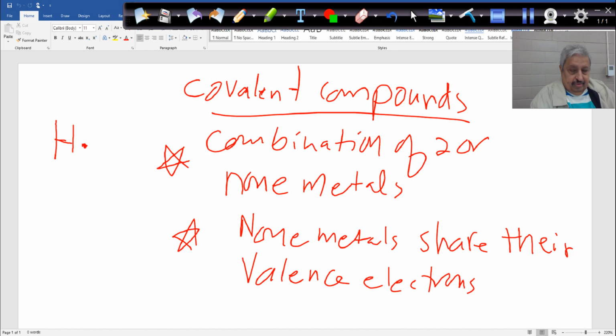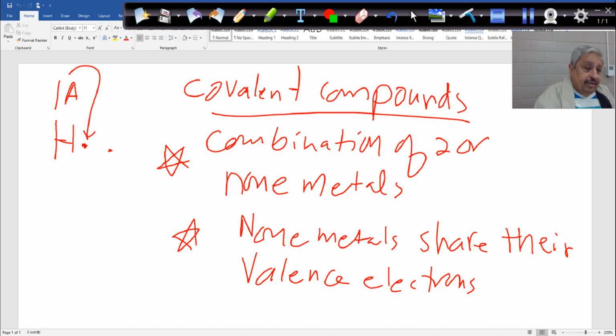We'll come after this topic to the Lewis structure. Hydrogen, group 1A, has 1 valence electron. The valence electron count is the number of the group. So this is 1A, so this here is 1.